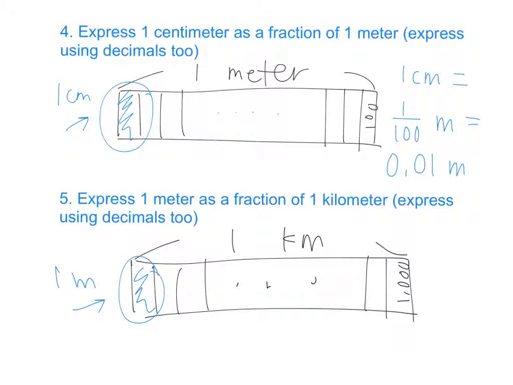So we can say that 1 meter is equal to 1 out of how many pieces? 1,000 of a kilometer. And how can I write that using decimal form? Junebach? 0.001. You got it.